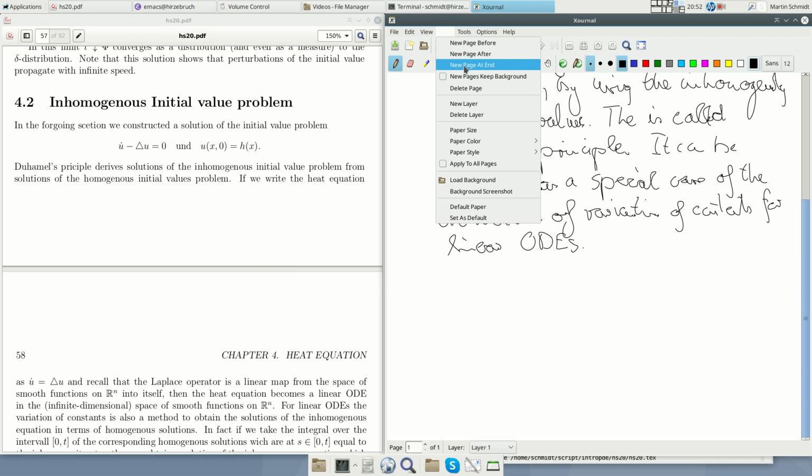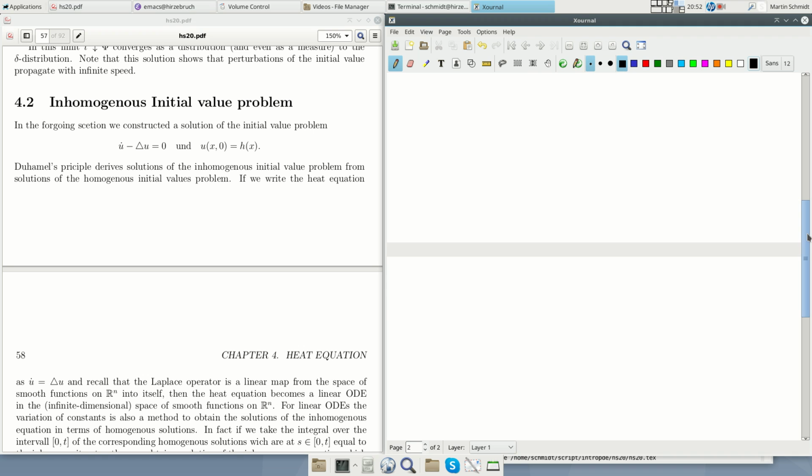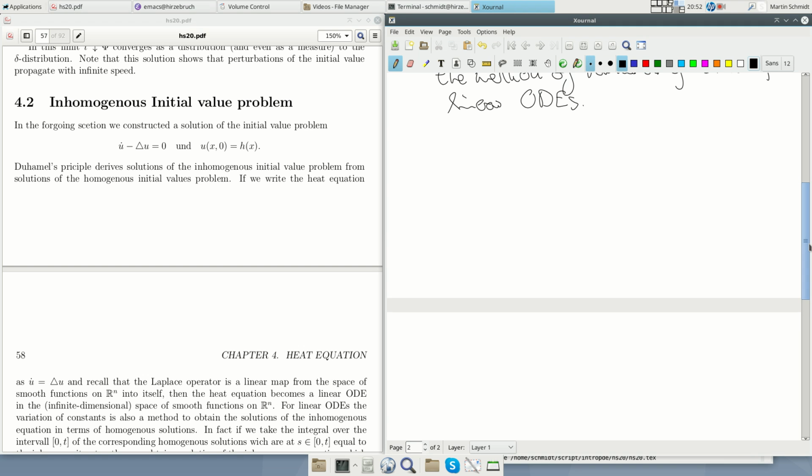Okay, so first I explain the method of variation of constants.